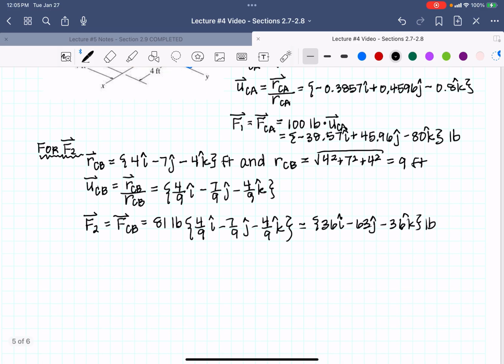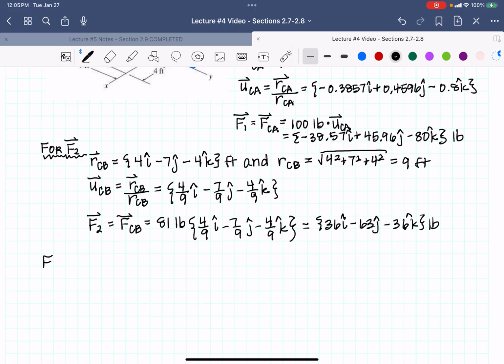So now I can find the resultant force. The resultant force is just going to equal the sum of those two forces, F1 plus F2. If I add them together, I'm going to get negative 2.57 in the I hat, negative 17.04 in the j hat, and negative 116 in the k hat.